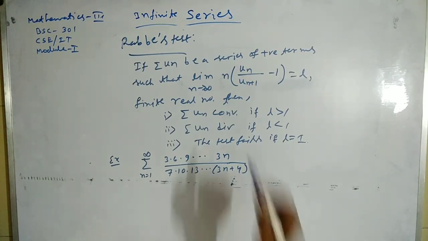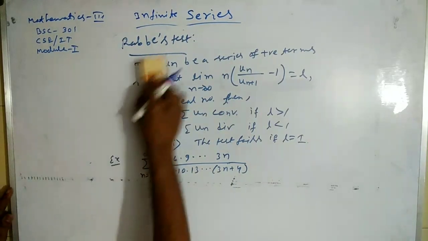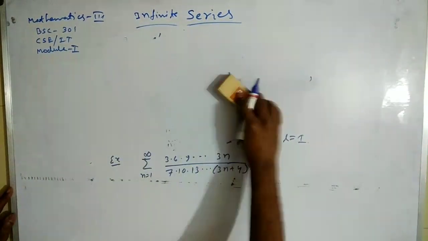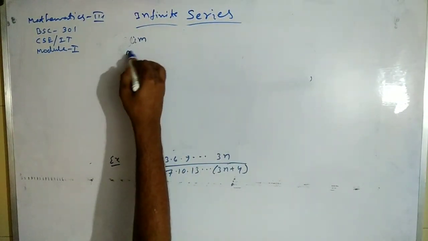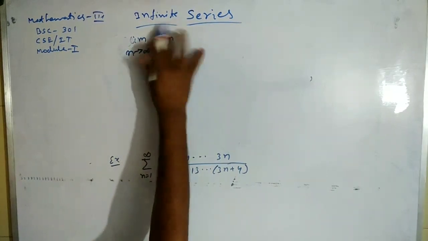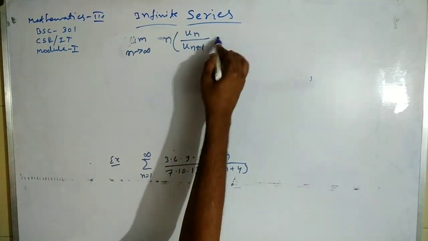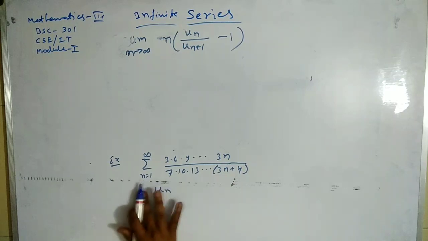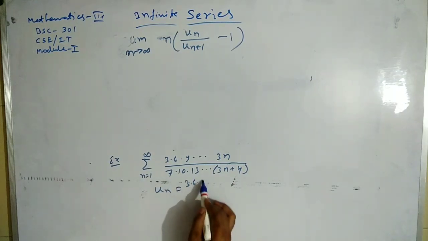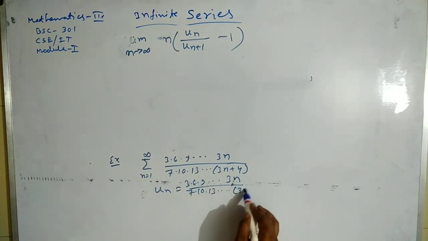So we have to find this limit. For that I am removing this. We have to find limit n tends to infinity of n into (un by un plus 1 minus 1). Now here un equals 3 into 6 into 9 into up to 3n, by 7 into 10 into 13 up to 3n plus 4.